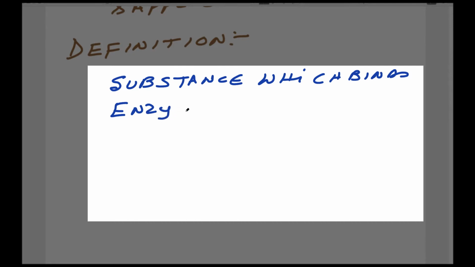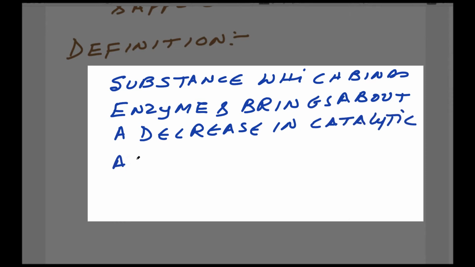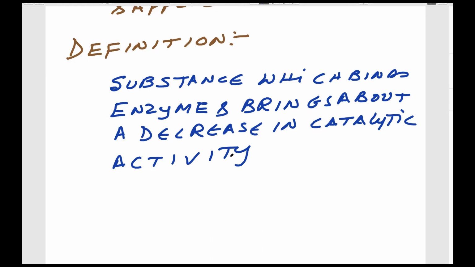I am telling you it is a substance. A substance which binds the enzyme and brings about a decrease in catalytic activity. If the substrate binds it, there is an increase in catalytic activity. If the substance binds it, there is a decrease in catalytic activity. The substance is nothing but the inhibitor. Okay, I hope it is clear.